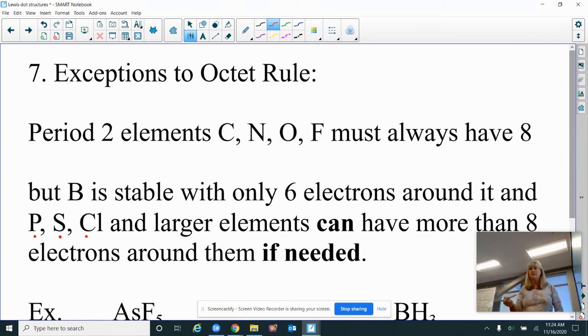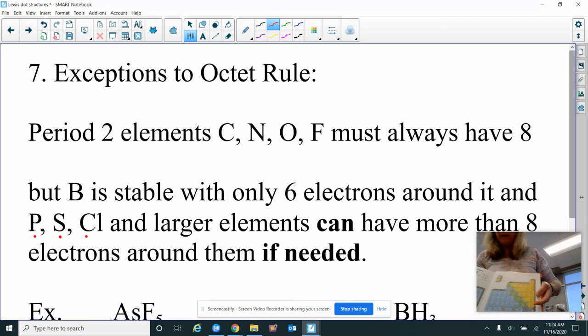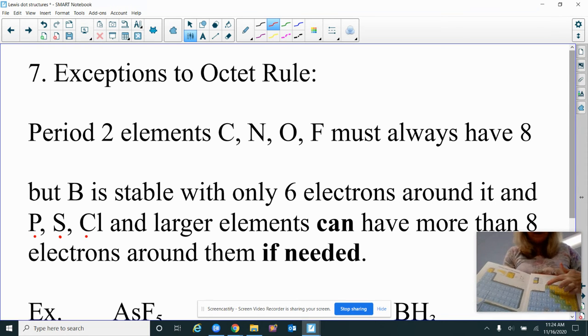If we look at the periodic table, that is because they have an empty d orbital. Can't really show my periodic table here, but they have an empty d orbital. Phosphorus, sulfur, and chlorine have an empty d orbital because they're in the 3p orbital, so they're not using their d.